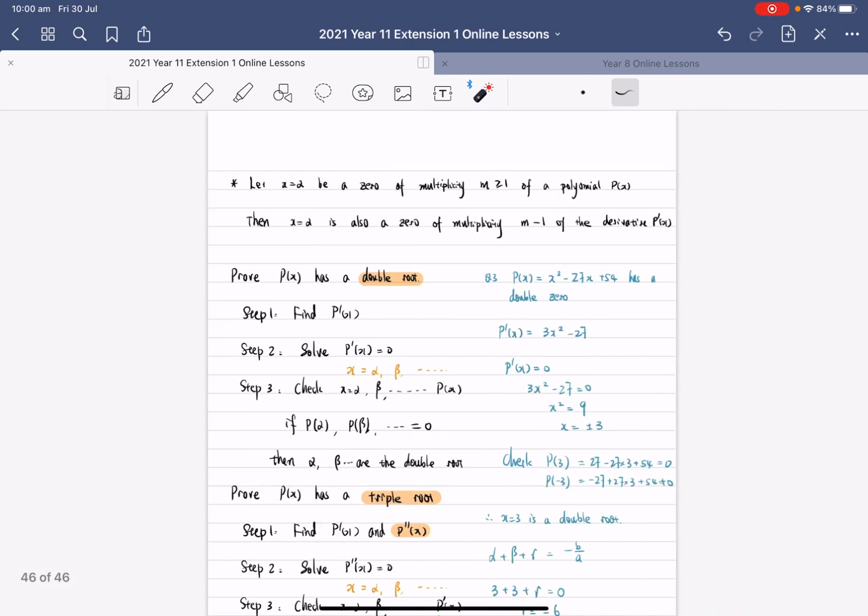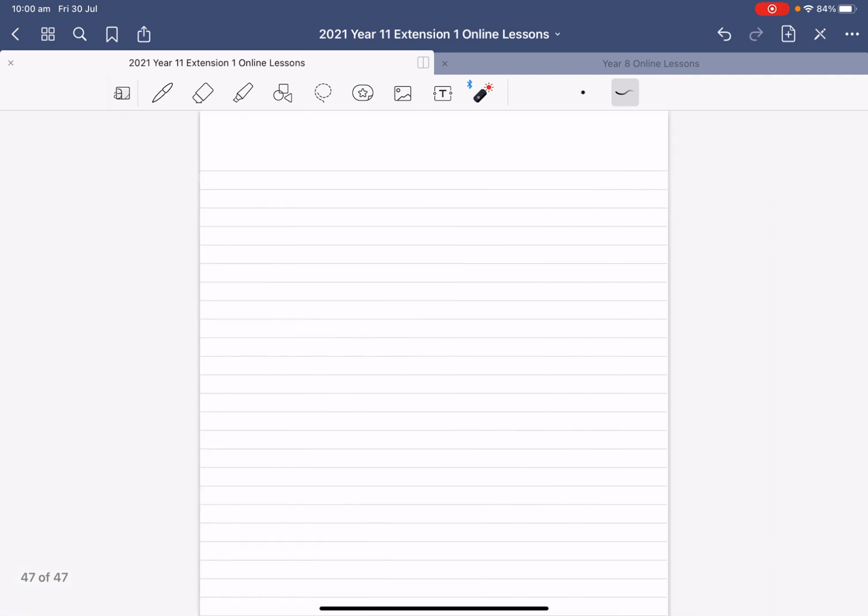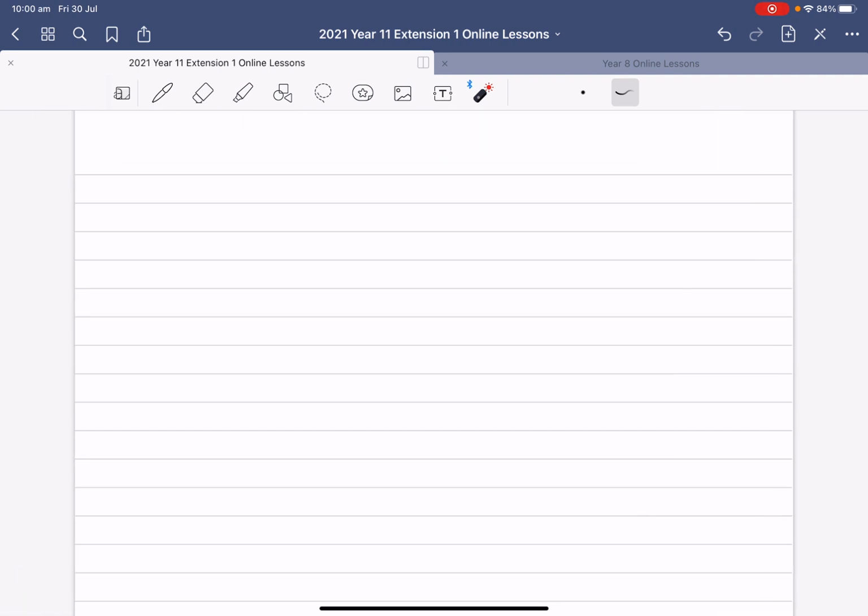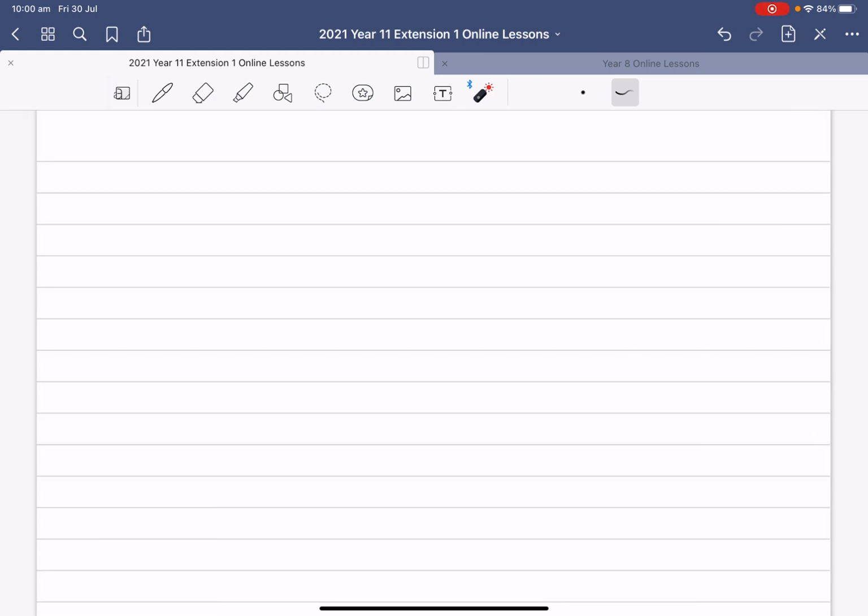To be honest, unless the question tells me this polynomial equation has a double root or triple root, usually I'm not going to use the double root and triple root method to actually solve the equation, because you just don't know if an equation has a double root or a triple root or not.